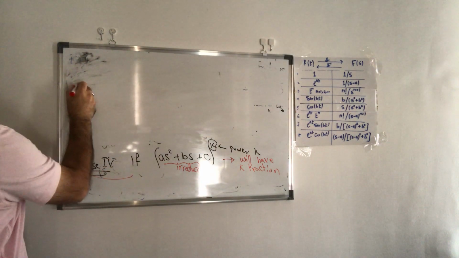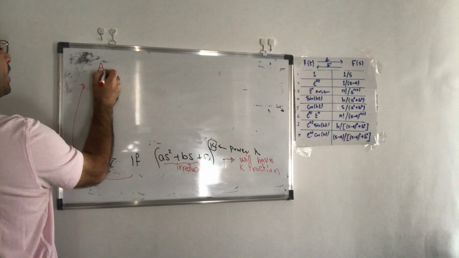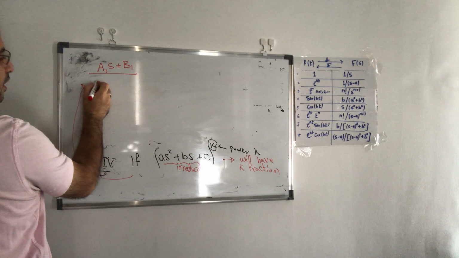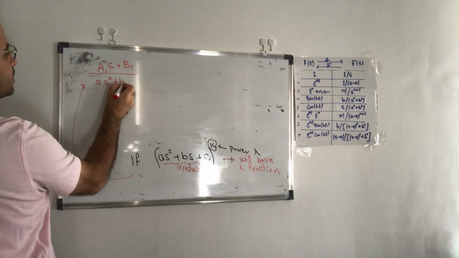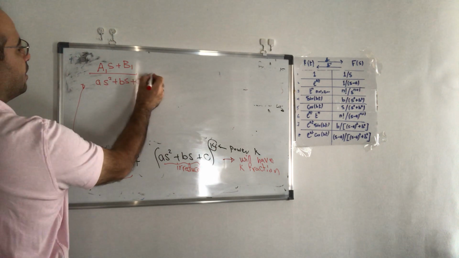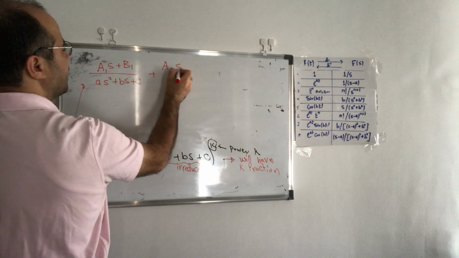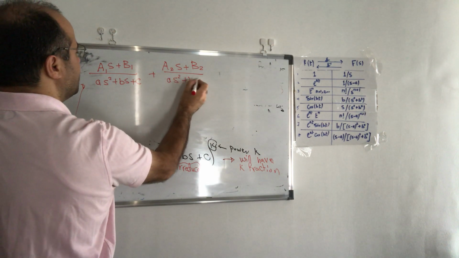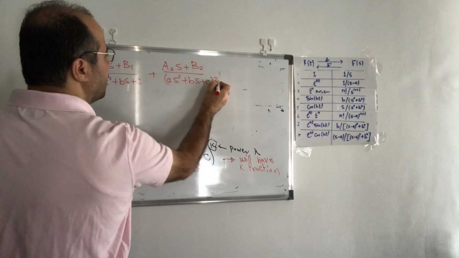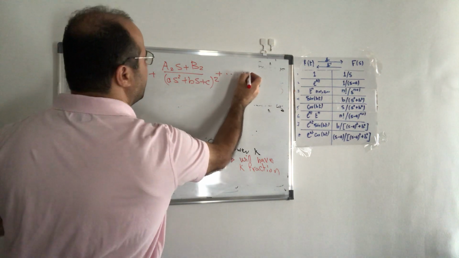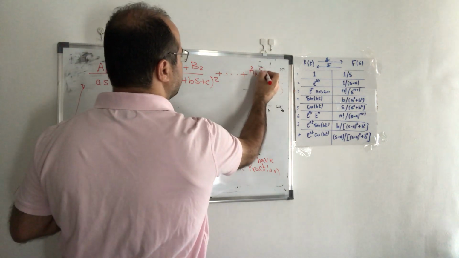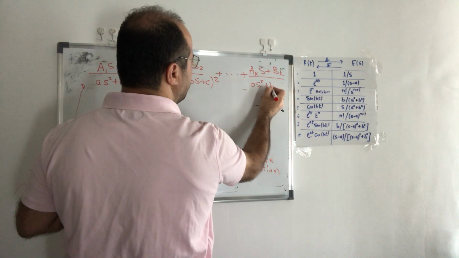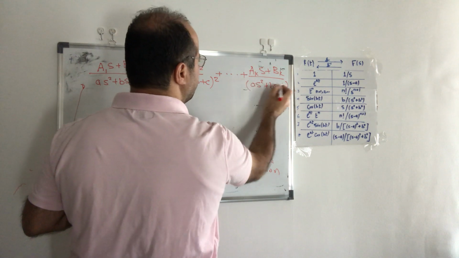So first you're going to have, for example, a1 s plus b1 over s squared plus bs plus c, and then you're going to have a2 s plus b2 over s squared plus bs plus c squared, and then you continue like this till the last one, which is a_k s plus b_k over this thing, s squared plus bs plus c power k.